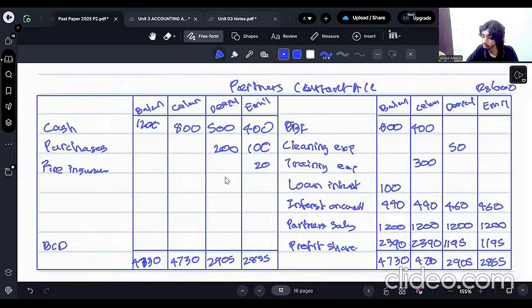4,730 minus 1,200, that is 3,530. 4,730 minus 800, 3,930. 2,905 minus 700, 2,205. And finally 2,855 minus 520, totally 2,335.